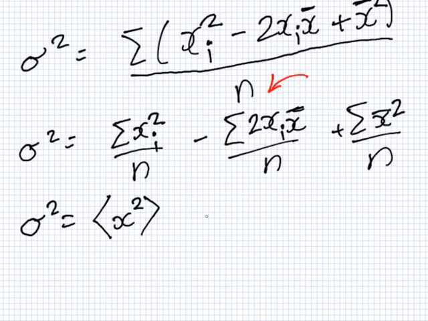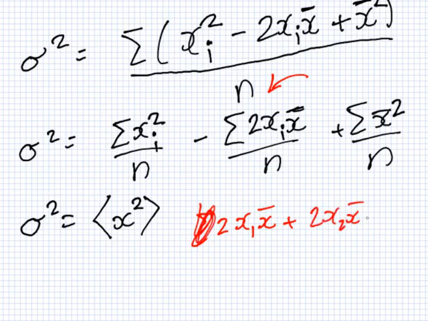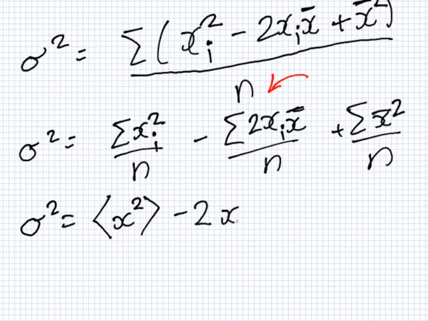If I write this out, it'll be like this: 2x1 x average plus 2x2 x average plus 2x3 x average. 2 x average is in all of them. So what can I do with that? Well, I can take it out.